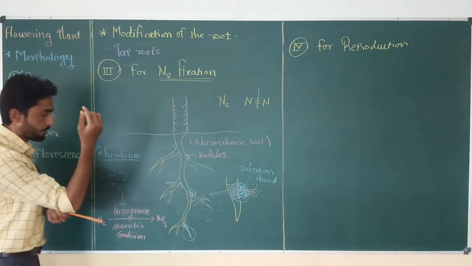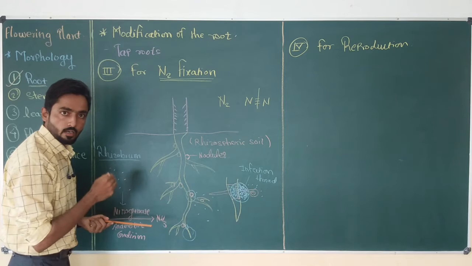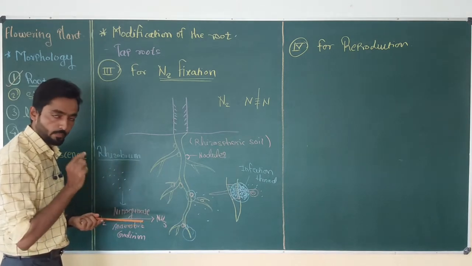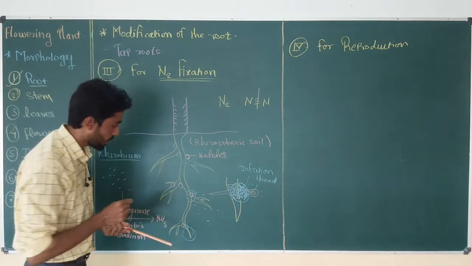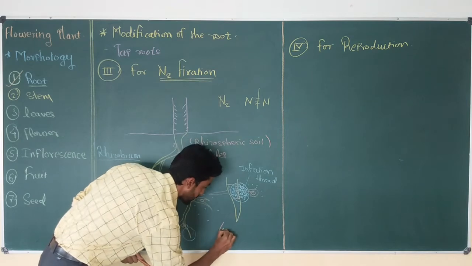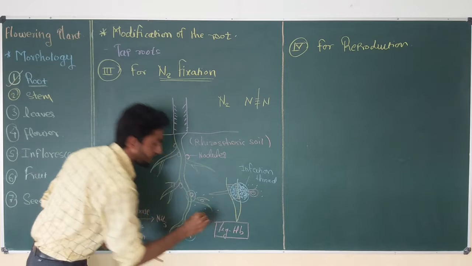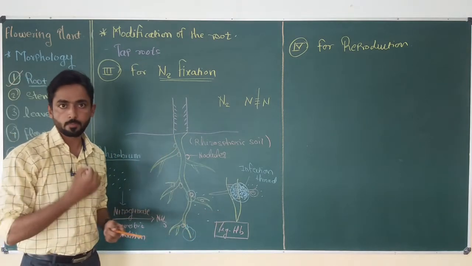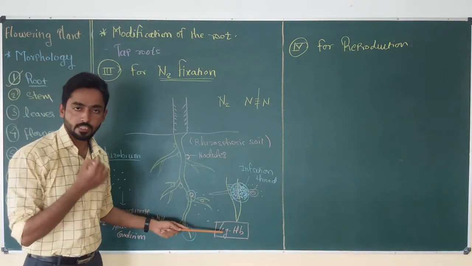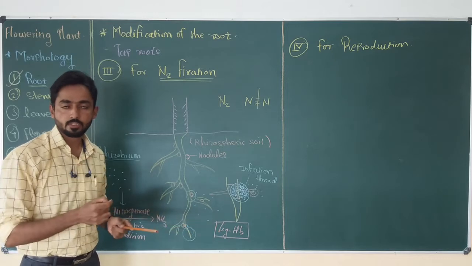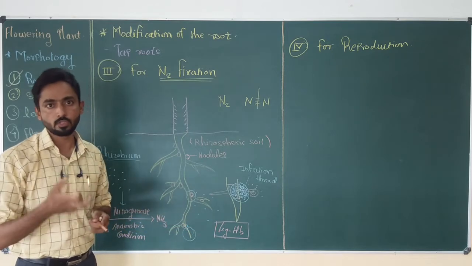So the plant also has a special pink pigment called leghemoglobin. Leg for leguminous plant and Hb for hemoglobin, because this pink pigment can bind to the oxygen molecule.